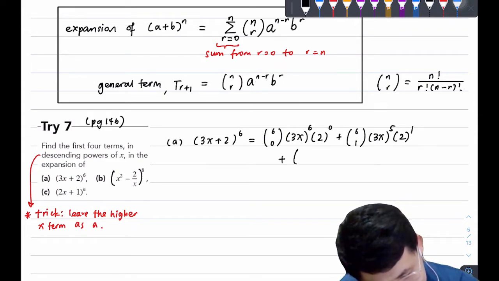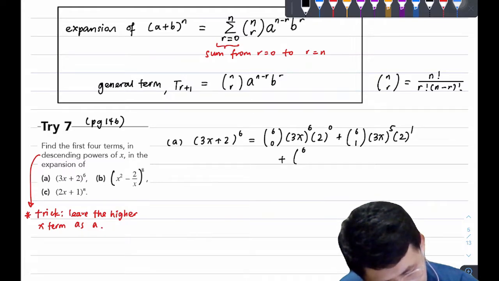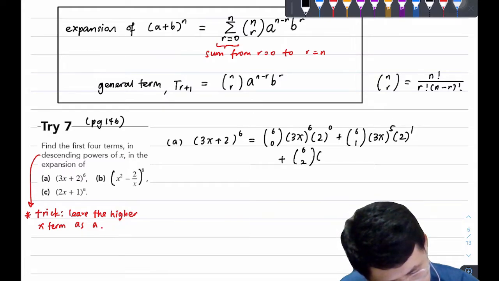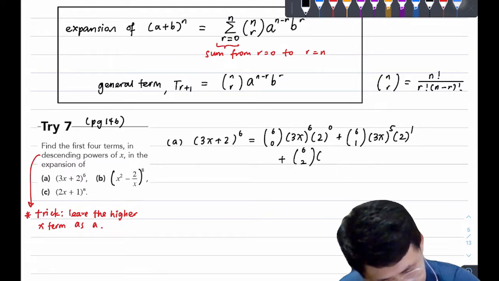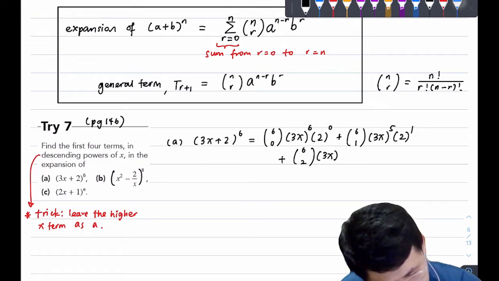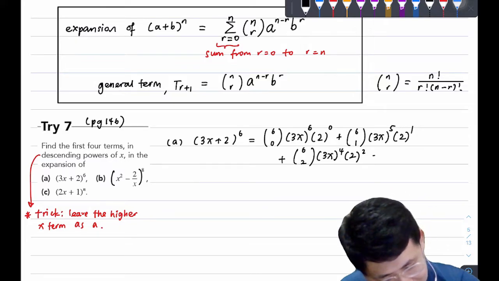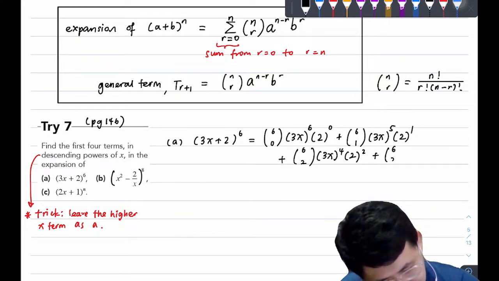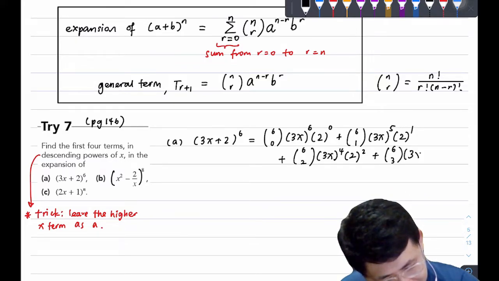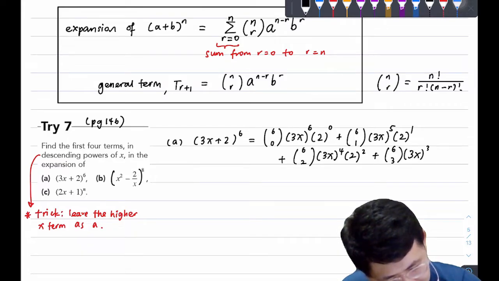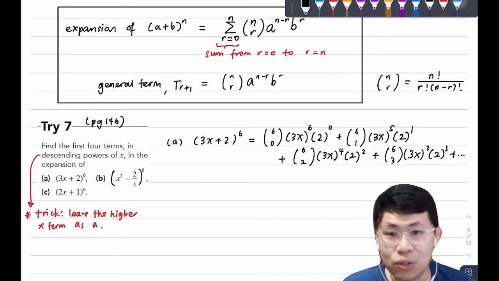The third term is 6 choose 2 of 3x to the power of 4 and 2 to the power of 2. And the last term, 6 choose 3 of a power 3 and 2 power 3. And then the list goes on and on.